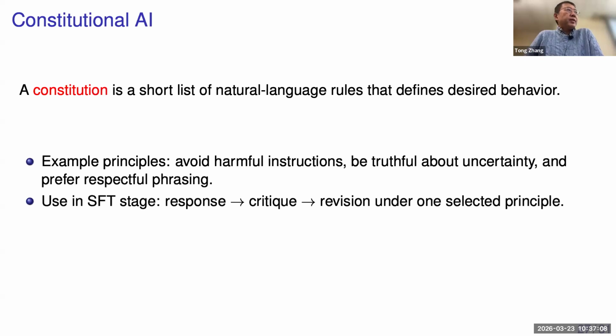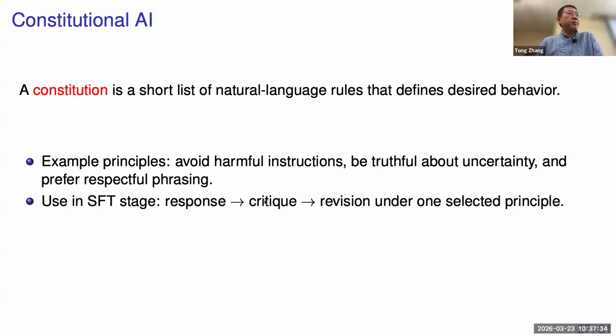So using the SFT stage, you could do that. This one is a little bit like self-instruct, but it uses a different style. You have a response, and you can create instruction tuning examples given certain principles, say, not being harmful.